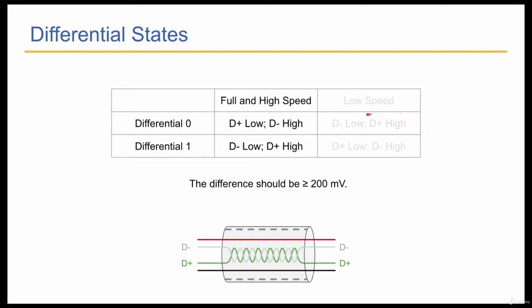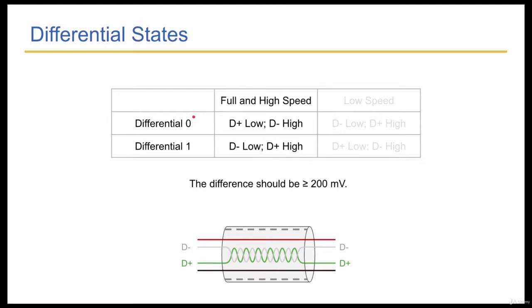So you see, to send differential 0 in USB low speed devices, you apply different voltage levels on the data lines in comparison with the full and high speed devices. For simplicity, we will be mainly concentrating on full speed devices.